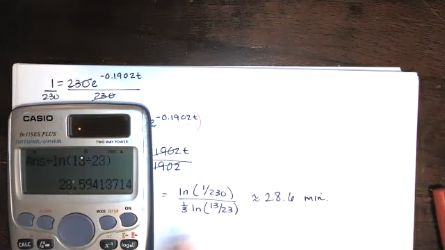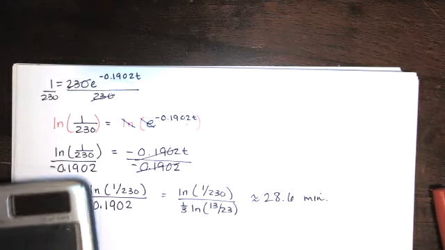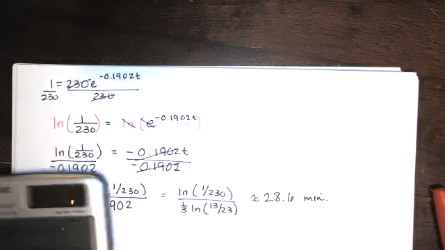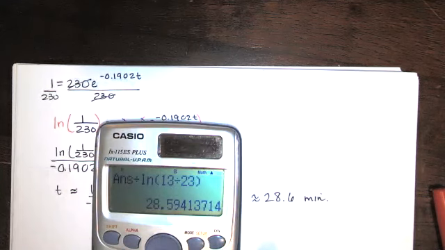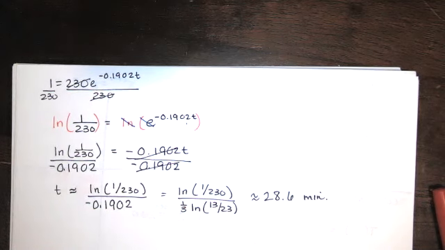I think that the difference between the answer from this and the answer from this is off by, excuse me, not 0.03, 0.001, like it's that order of magnitude. So yeah, either one of these is fine. So it would take about 28 minutes to cool to 71 degrees.